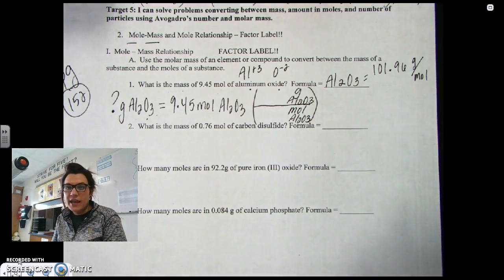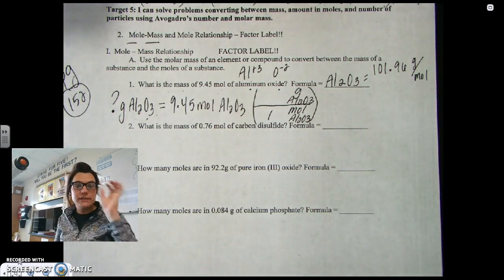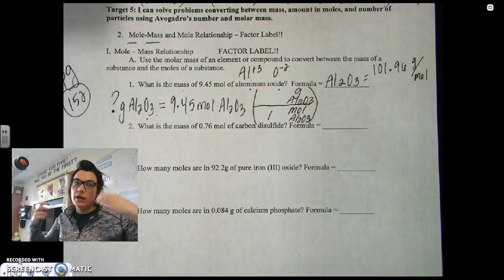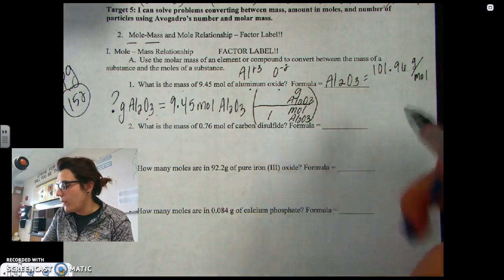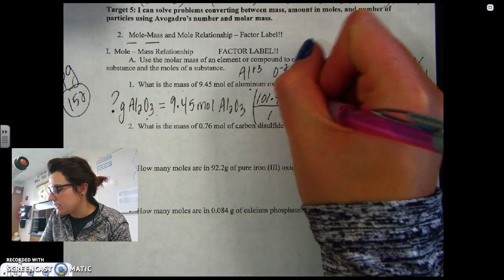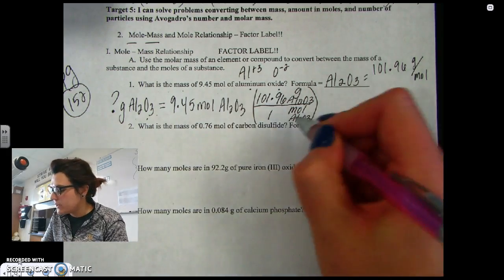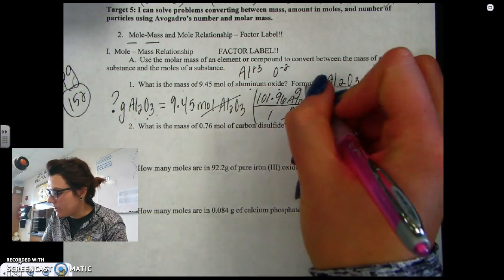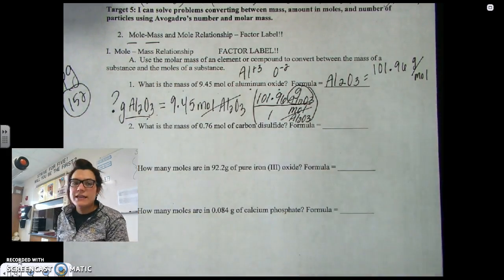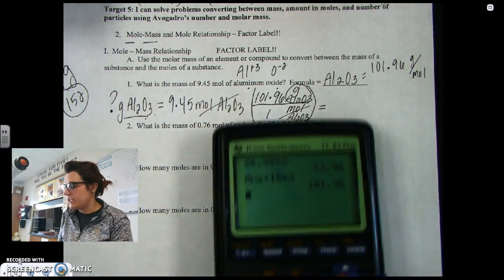And for every 1 mole of aluminum oxide, how much does it weigh? Well, I already calculated that, and it weighs 101.96 grams. So follow the units. Moles cancels. Am I left with the unit that I want? The answer is yes, therefore I can now plug this into my calculator.